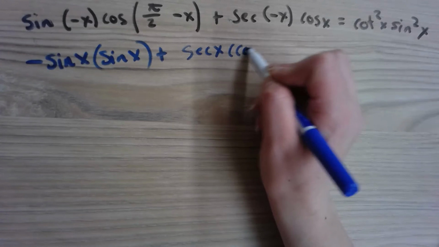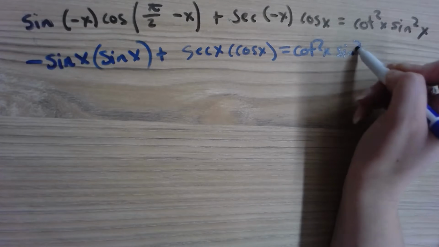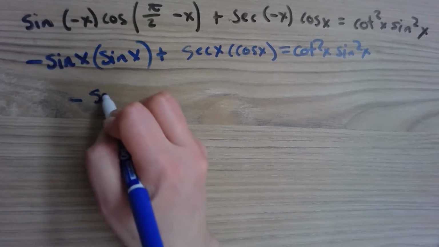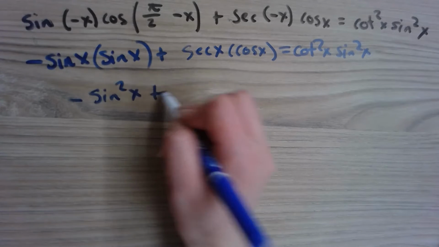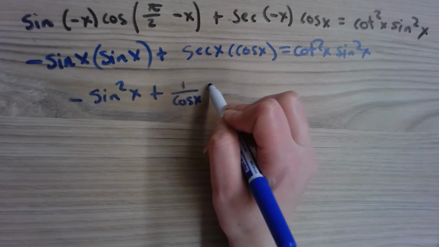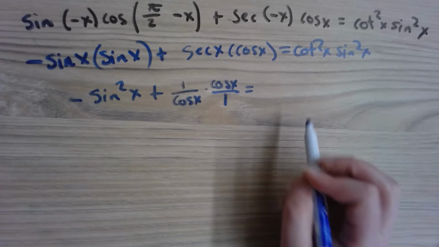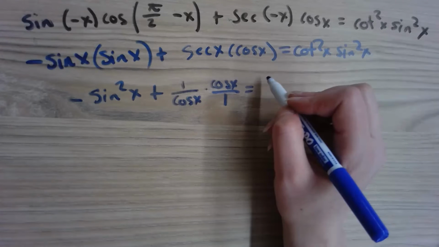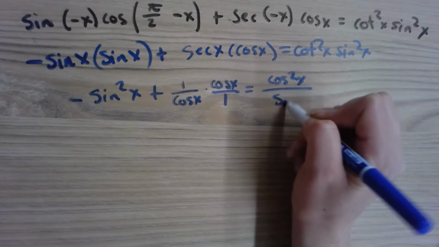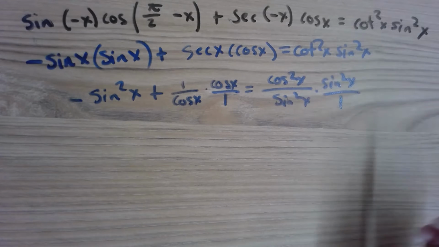And then we have cosine x equals cotangent squared x sine squared x. If we multiply these together, that's negative sine squared x plus secant, which is 1 over cosine x, times cosine x over 1, equals... and then just because I can, I'm going to change this to cosine squared x over sine squared x times sine squared x over 1.